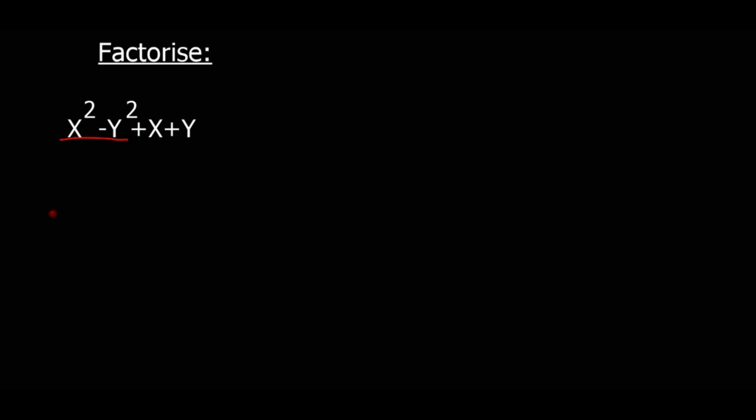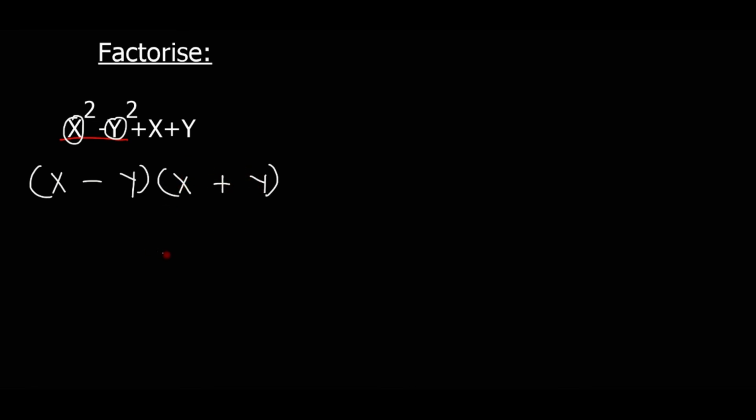Just in case, if I say the difference of two squares, you can check my video where I explain the difference of two squares in detail. But anyway, we will solve this one by using the difference of two squares. When we factorize using the difference of two squares, we take the first term and the second term and write them inside the first bracket. In the first bracket we put minus, and then we write them inside the second bracket, but this time around we write plus.